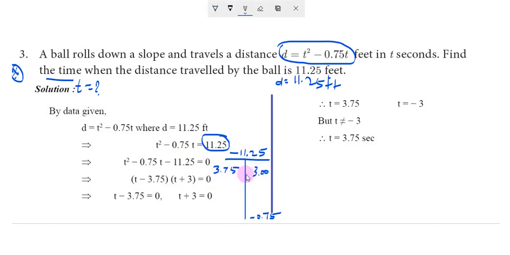Because 3.75 into 3.0 means when we multiply we need minus, and when we add we need minus 0.75. So here we apply minus in the largest term, the negative. So minus 3.75 into 3.00. Now multiply minus into plus is minus, and 3.75 into 3 means 11.25, and add means we get 0.75, by t square.